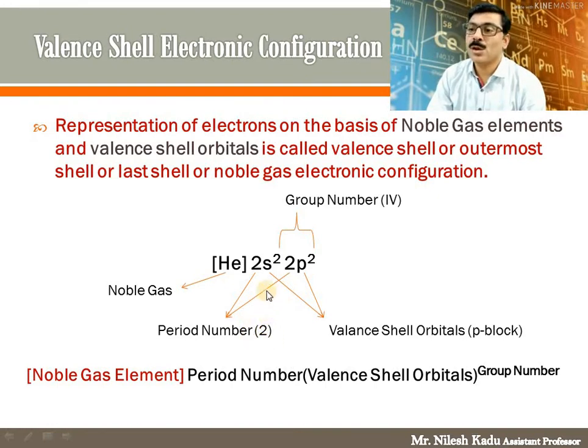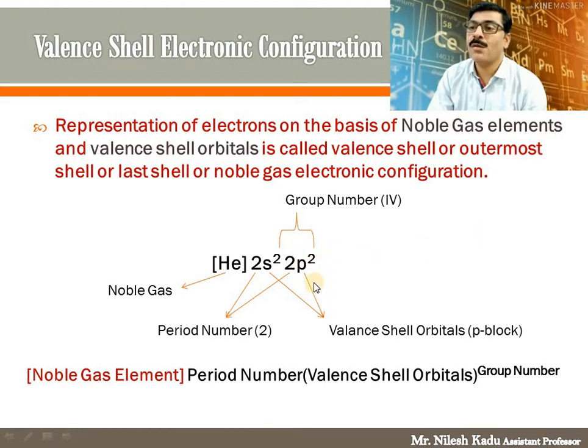And on the basis of the representation of valence shell electrons, 2s2 and 2p2, s contains 2 electrons and p contains 2 electrons, total electrons are 4, and on the basis of these electrons you can easily find out the group number of the element. For this representation the group number is 4 because in the valence shell 4 electrons are present.